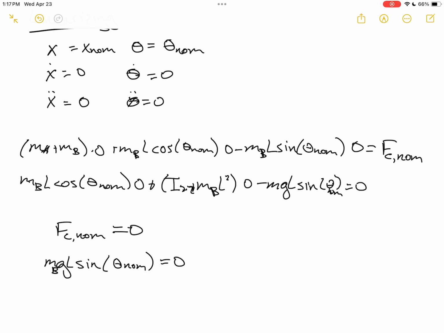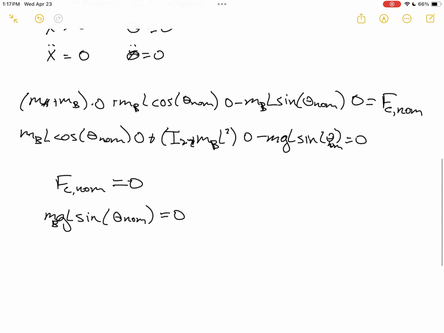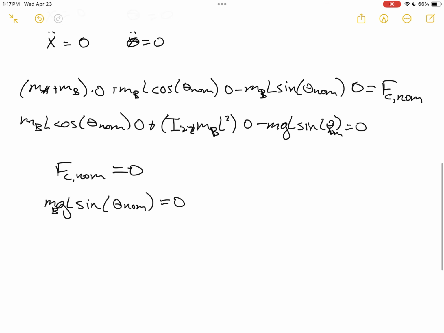So we would need to find a nominal position where sine of theta nominal is equal to 0, because mb and g and L are not going to be equal to 0. So we'll take that information, Fc nominal equals 0 and mb g L sine theta nominal equal to 0, and we'll save that information for later.